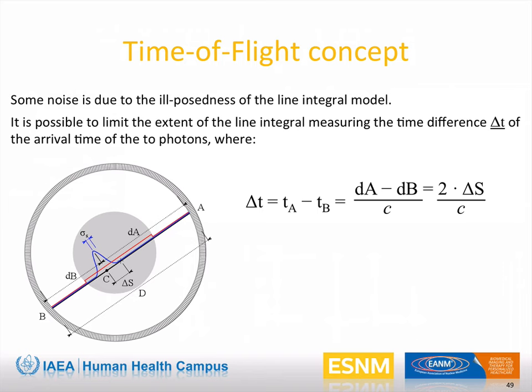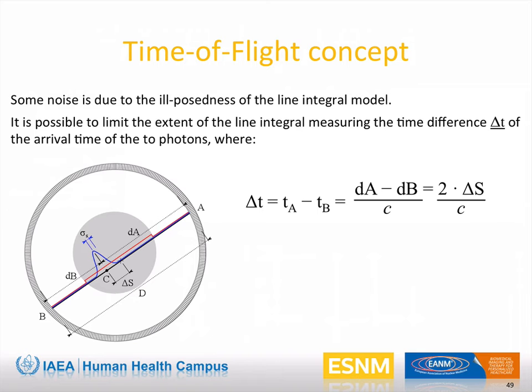Now, let's introduce the time-of-flight PET concept. As previously mentioned, the image reconstruction in PET is based on the line of response determined by the two elements that detect the two gamma rays in time coincidence.